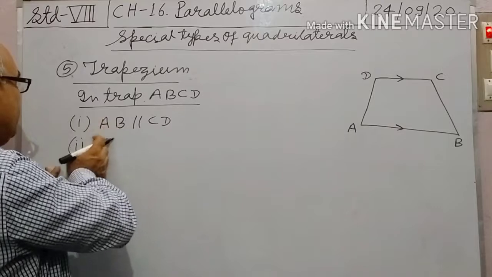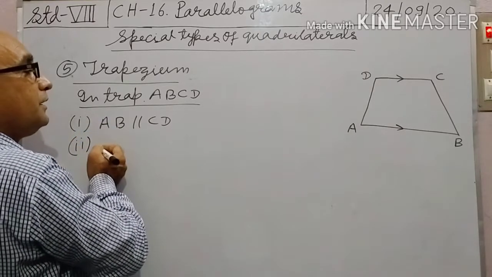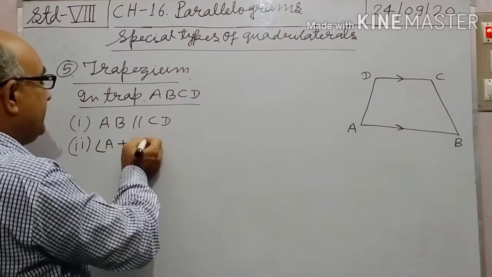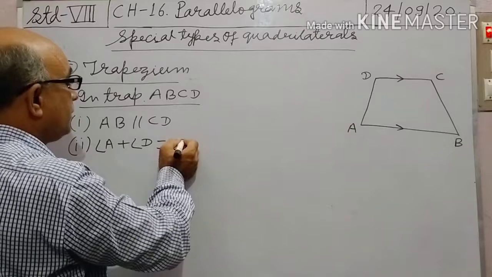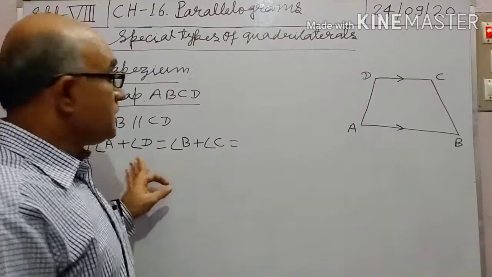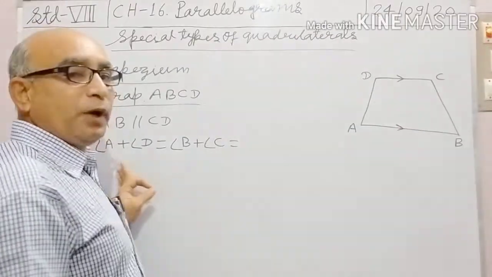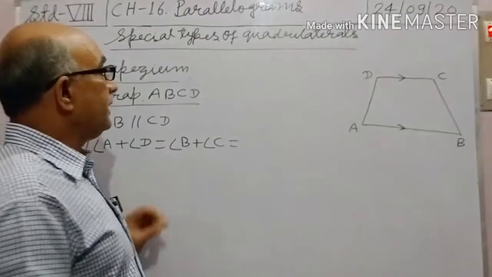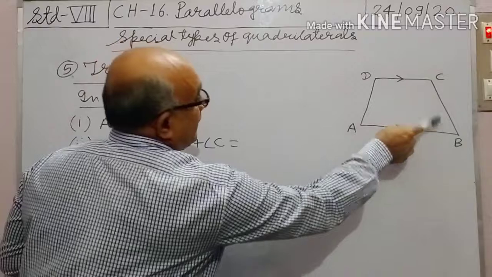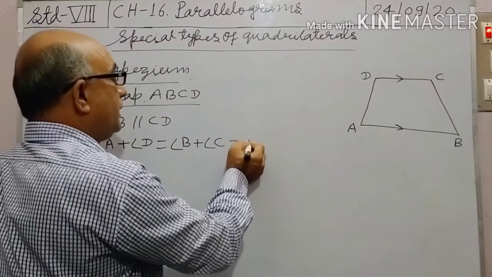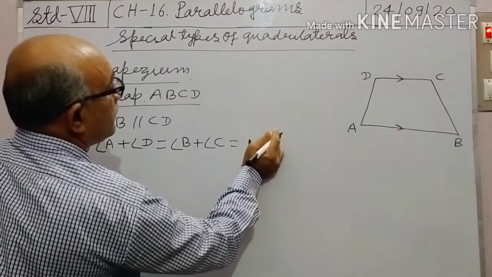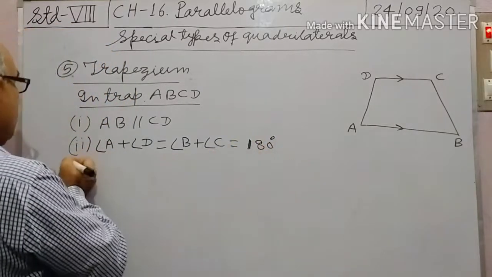And second property is angle A plus angle D equal to angle B plus angle C. It is the pair of consecutive interior angles, so the sum of consecutive interior angles is 180 degrees. So angle A plus angle D and angle B plus angle C equal 180 degrees.